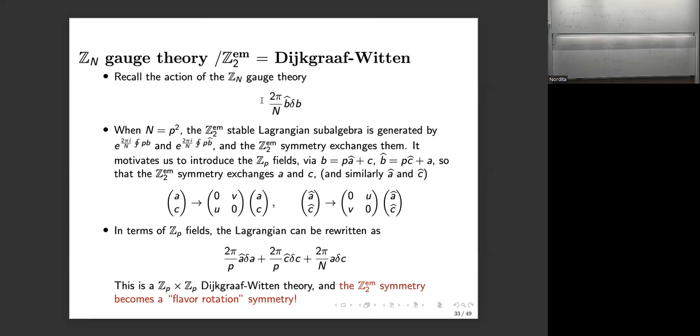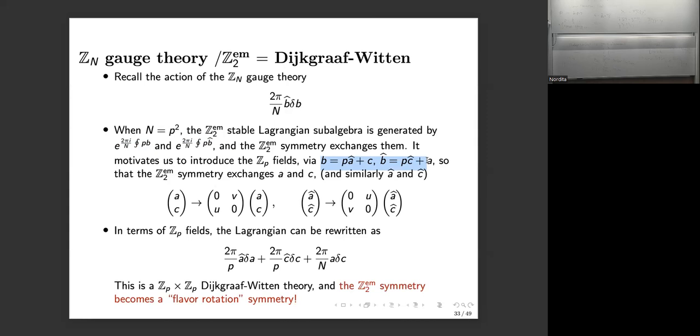If we write down this Lagrangian subalgebra as these Wilson operators, then it immediately suggests that we should decompose the Zn gauge field in terms of the Zp gauge fields, because this equation has a p factor in the front.